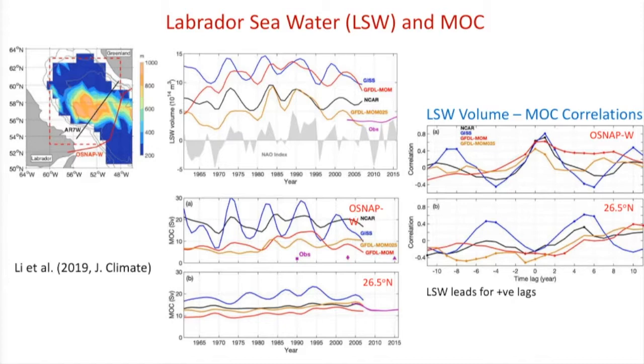In the interest of time, I skipped that. The gray shading here shows the NAO index. And in some models, you can see strong correspondence with some positive NAO events and this Labrador Sea volume.